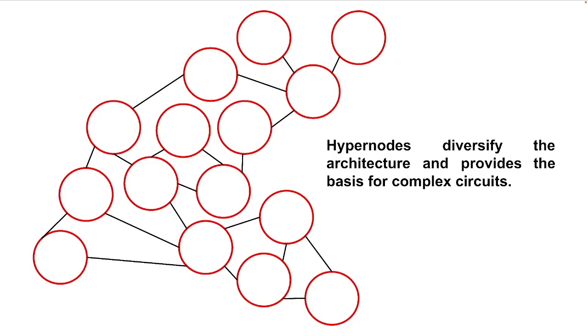So our hypernodes are the components of our architecture. Like in the Braitenberg vehicles example, we had, say, vehicle 1, vehicle 3, vehicle 8. Each of those vehicle architectures would form a hypernode that would then be combined into a hypergraph representation of that mixed architecture.